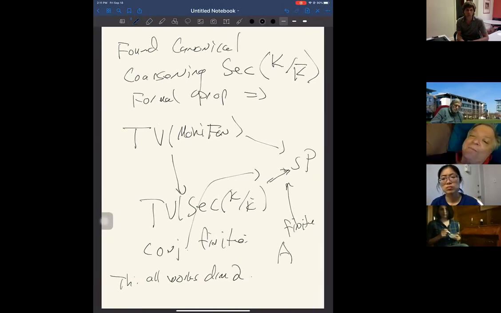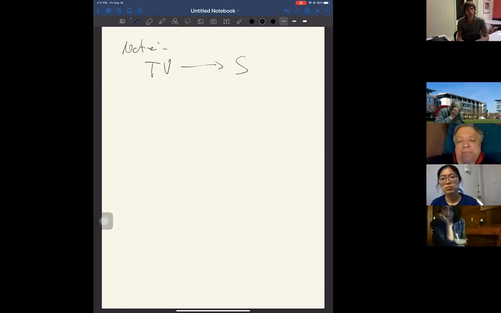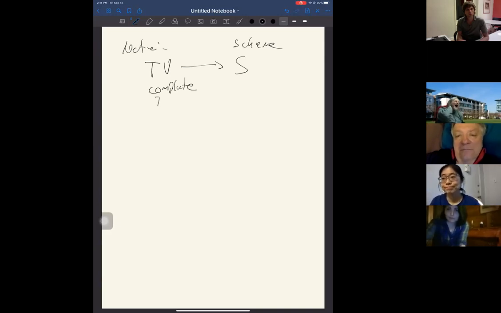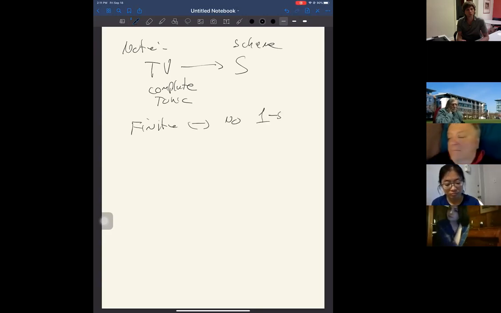But that's why it's nice to have a complete toric variety and have the right toric variety. Note, if I have a complete toric variety mapping to a scheme, it's finite if and only if no one stratum is contracted, maps to a point.